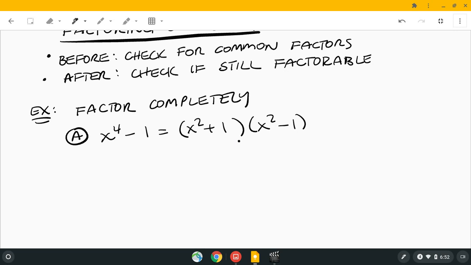So now we did the factoring of difference of squares. But now take a look at your answer. Notice that in this one, we have difference of squares, so you can still factor.